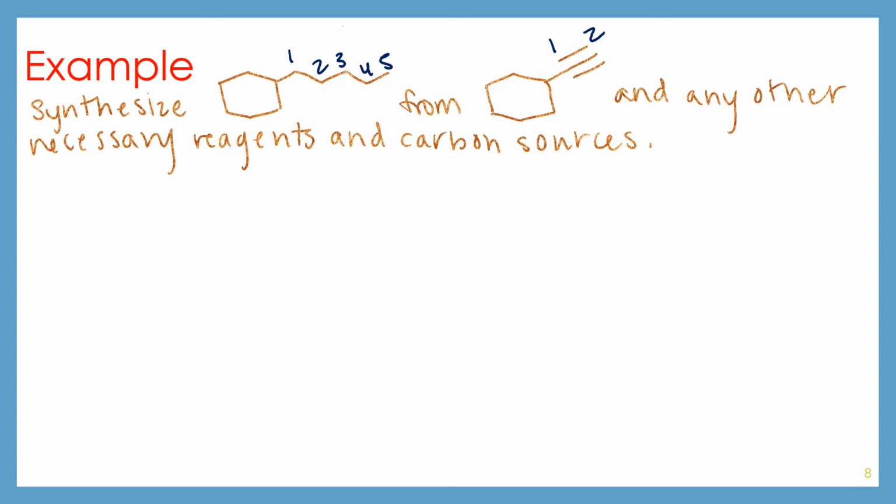Now, thinking about this, there's really only one carbon-carbon bond forming reaction that you know of right now, and that's to use a carbon as a nucleophile. Fortunately, we were given a terminal alkyne, and we know exactly how to turn that into a nucleophile. And so this one is actually pretty easy to work forwards if we want to.